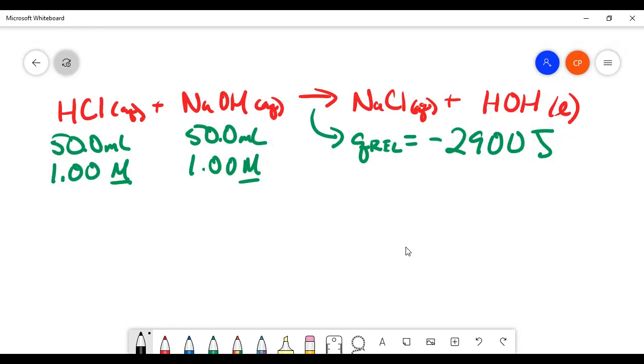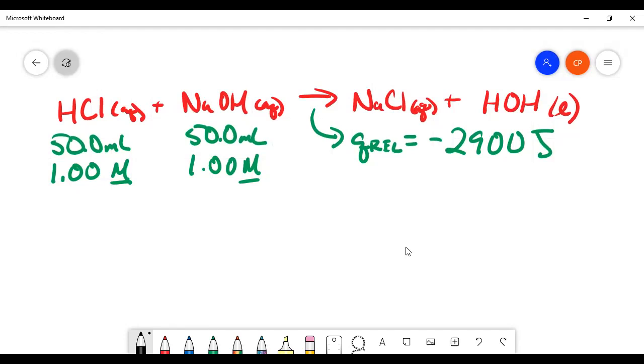And this is very characteristic for chemical reactions. When we actually combine two solutions, we receive out, a lot of the time, some amount of heat energy.